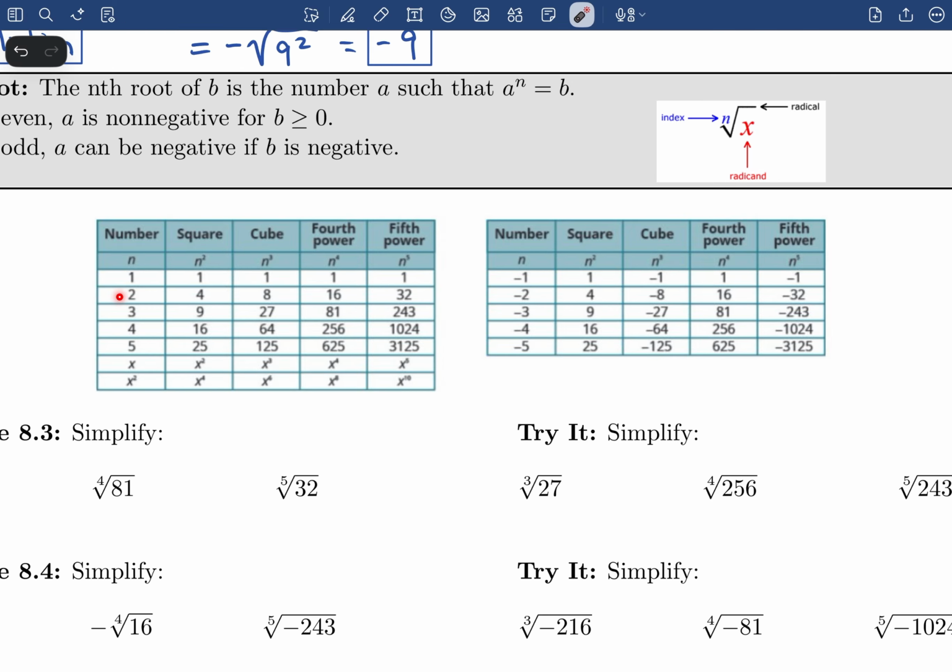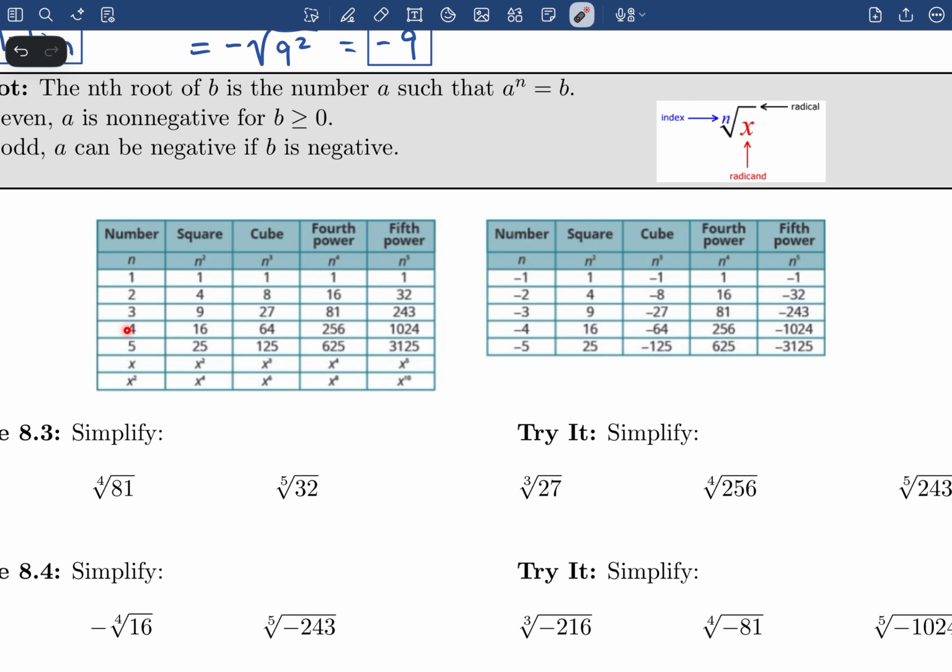What are the powers of 2? If I take 2 and square it, I get 4, and if I cube it, I get 8. If I raise it to the 4th power, I get 16. If I raise it to the 5th power, I get 32. These are the powers of 2. What are the powers of 3? 3 squared is 9, 3 cubed is 27, 3 to the 4th is 81, 3 to the 5th is 243.